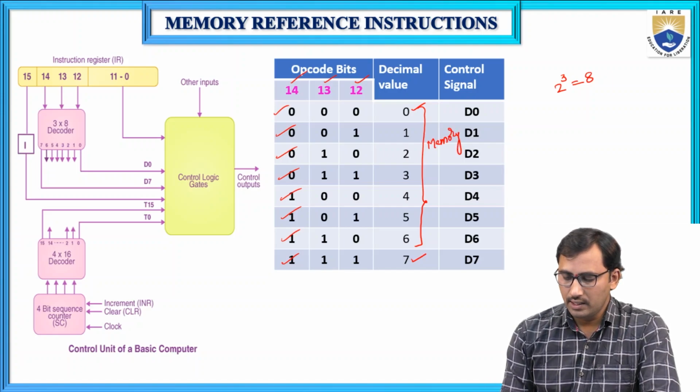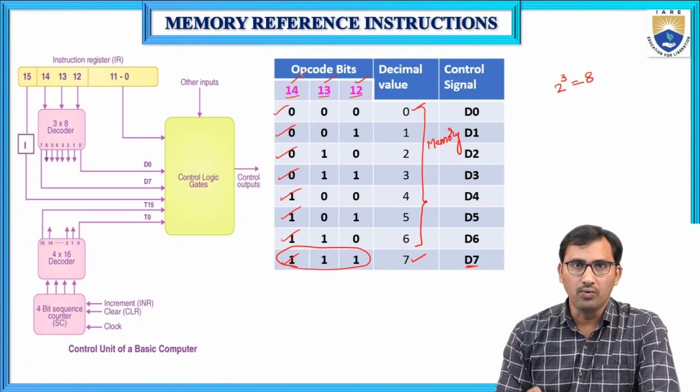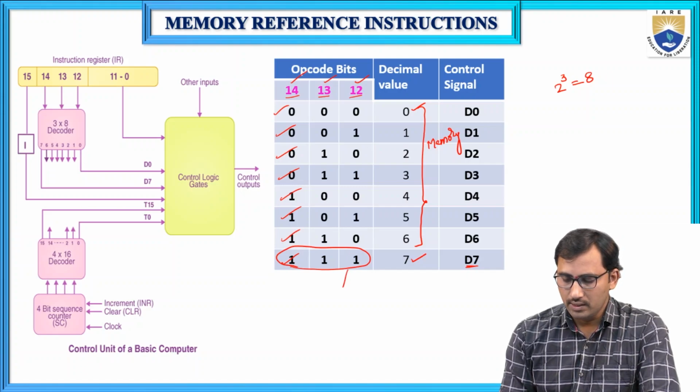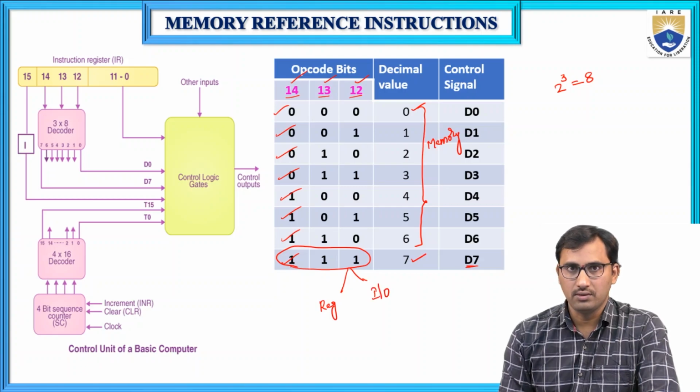When D7, which means the opcode bits 12, 13, 14 are all ones, it is classified as either a register reference instruction or an IO reference instruction.